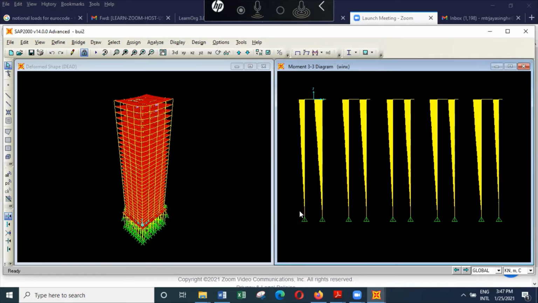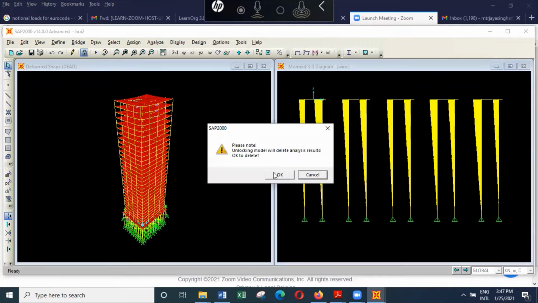The pile cap does not transfer much moment onto the pile. So when you provide something like 0.8 to 1% reinforcement in the pile, it will be more than sufficient to take account of any bending moment transferred onto the pile. So that is one thing that I wanted to show you.